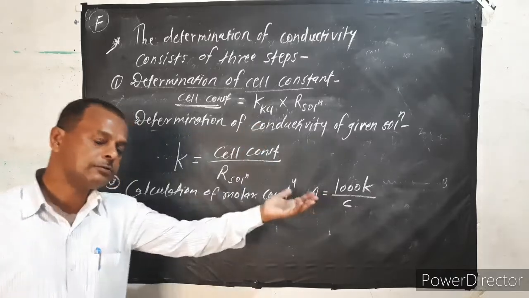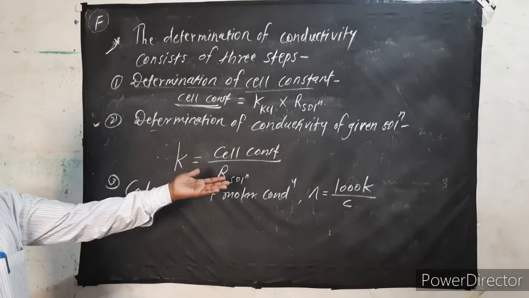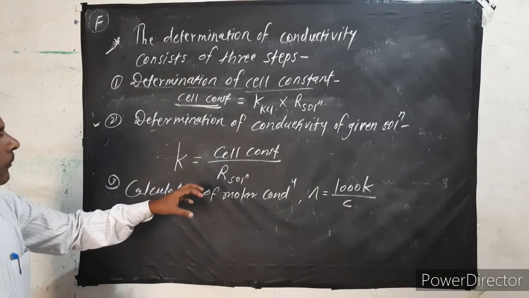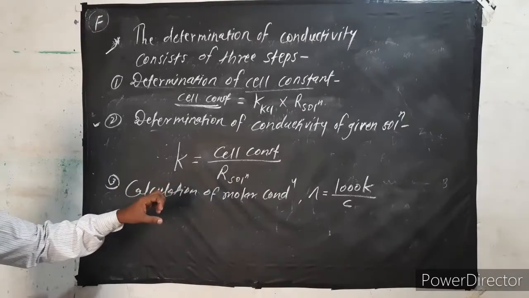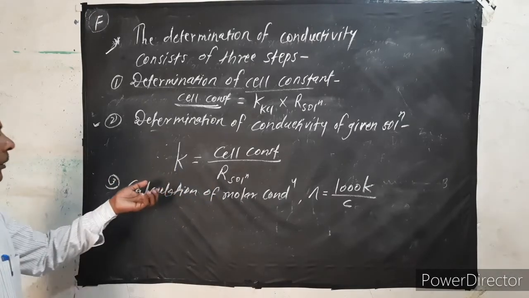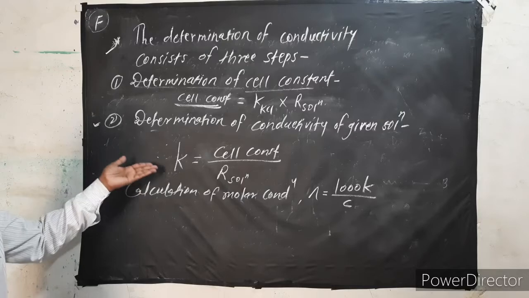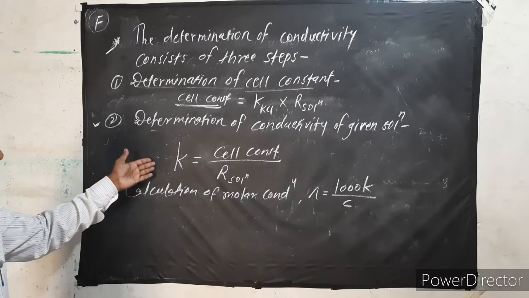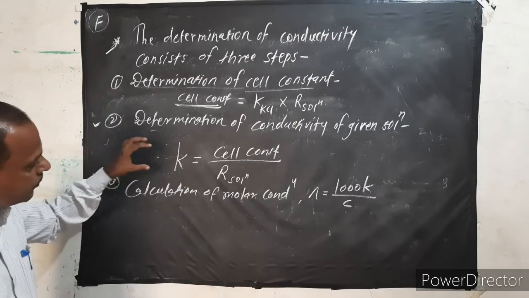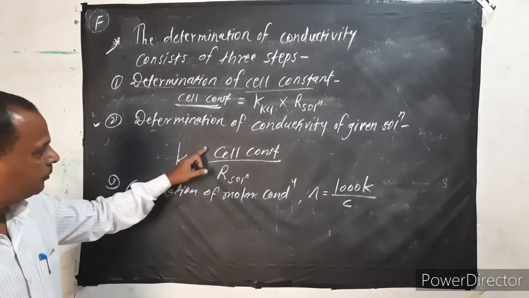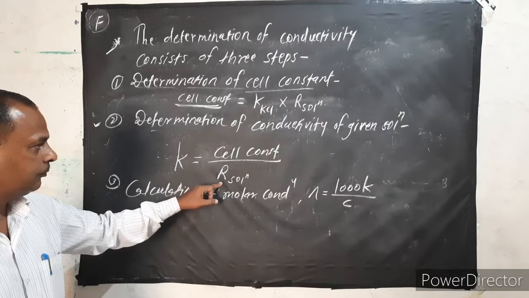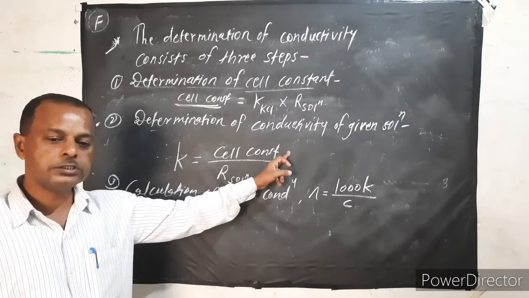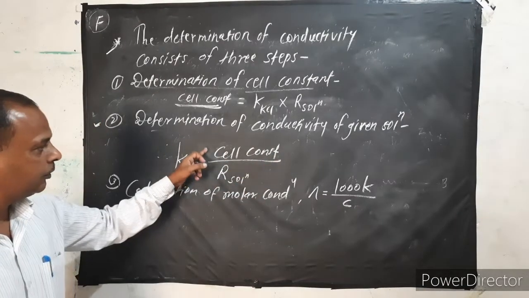But if you replace the solution, how will you calculate the conductivity of that solution? For that purpose you have to use this formula: cell constant divided by resistance of solution. Cell constant is the known value.